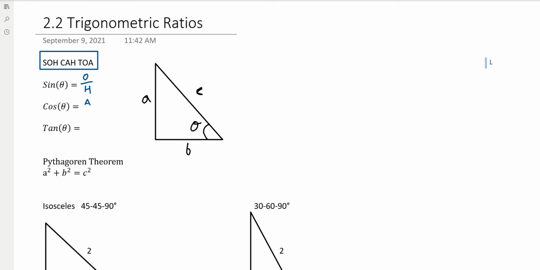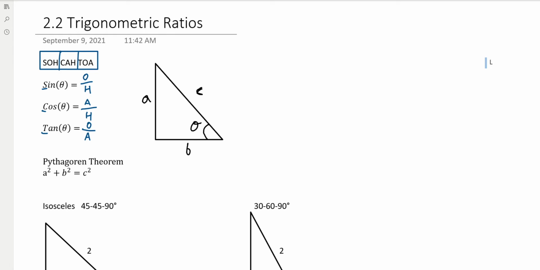CAH is cos of adjacent over hypotenuse. TOA is tan of the angle is opposite over adjacent. So just highlighting that those letters there end up showing the three different formulas.